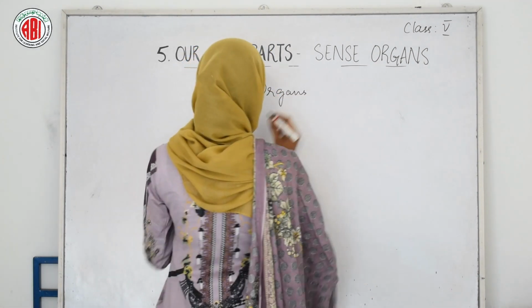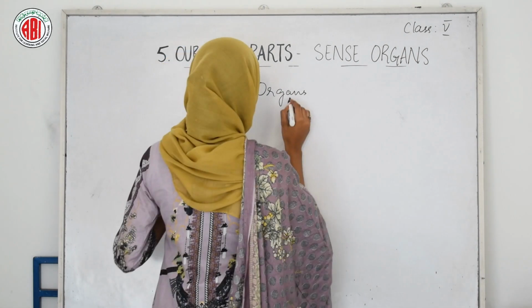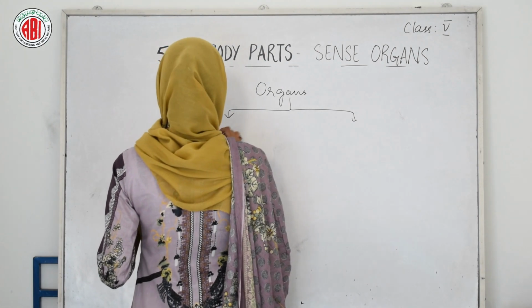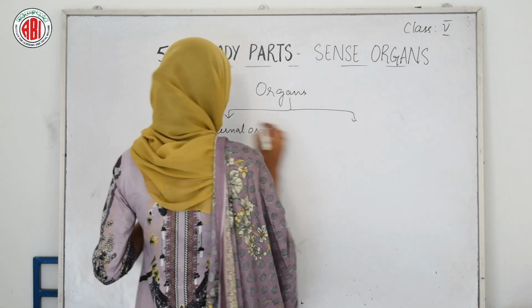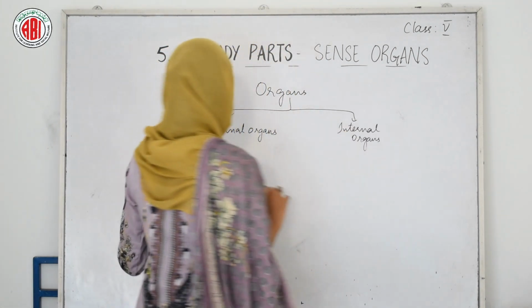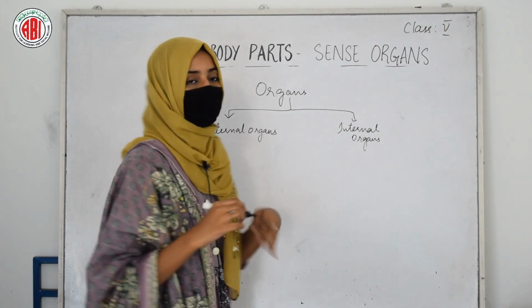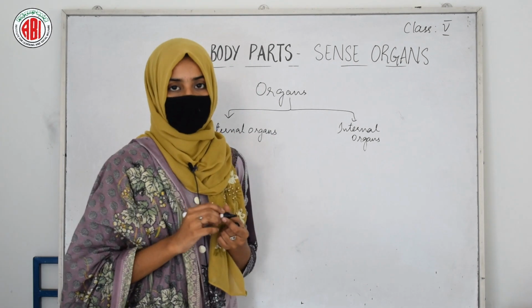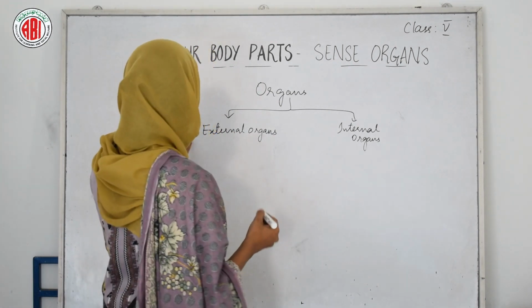These organs are classified into two main types: external organs and internal organs. External organs are the organs that are located outside the body and can be visible outside our body.